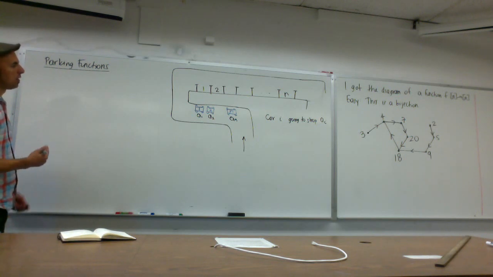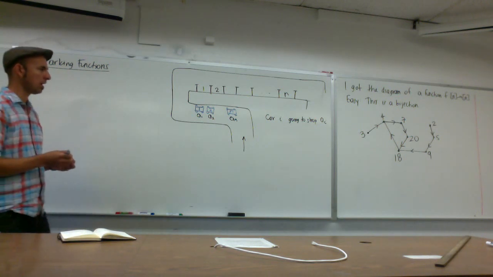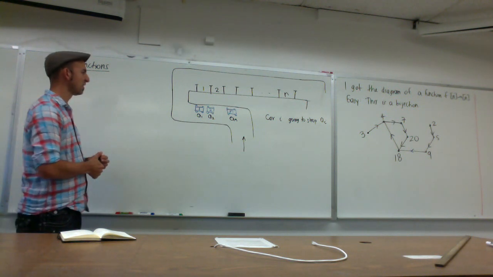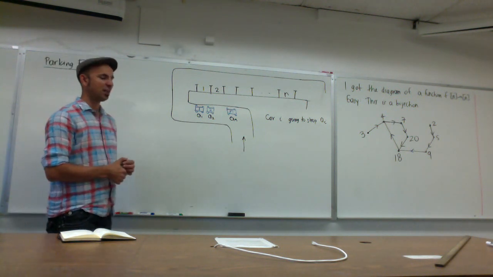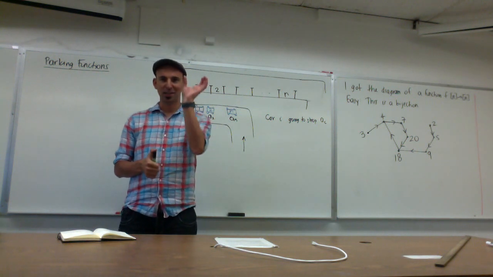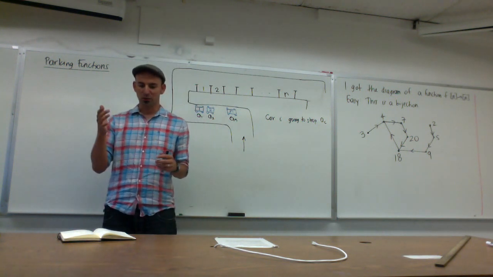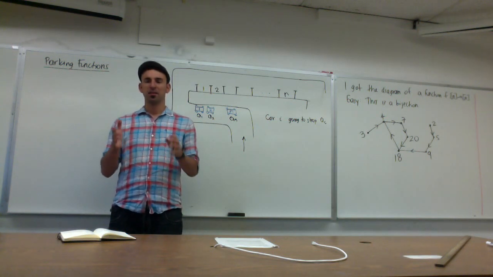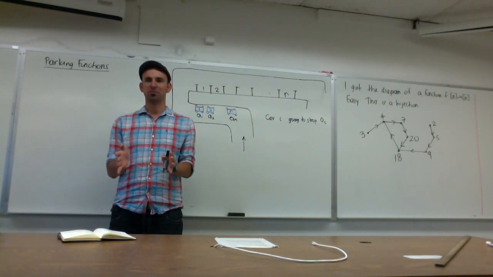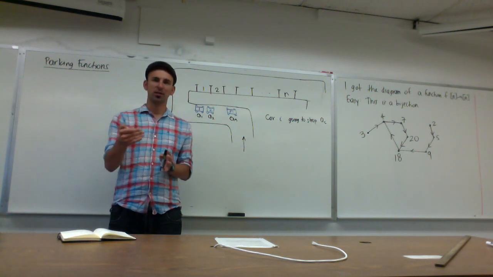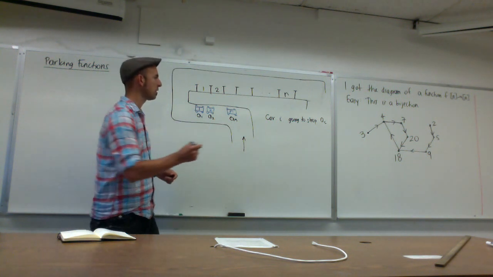Okay, and so they go in. They're optimistic drivers, and they're all convinced that they're going to get the spot right in front of their shop. So if you're headed for shop number 5, then you're going to go for spot number 5. If it's open, you park there, and if it's not open, you keep driving until you find an open spot.